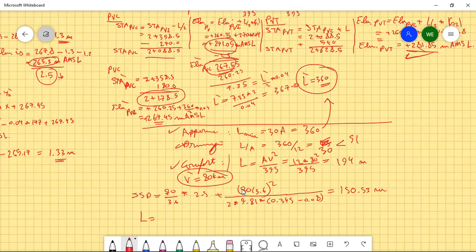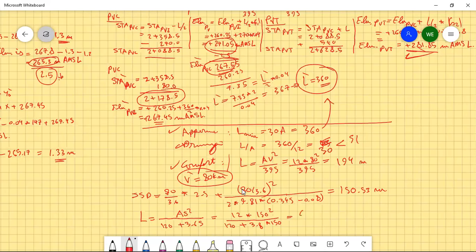So let's check on the design formula that we have before, that L, the length of the curve, equals A S squared divided by 120 plus 3.6 S. So we have 12 multiply 150 squared divided by 120 plus 3.6 multiply 150.